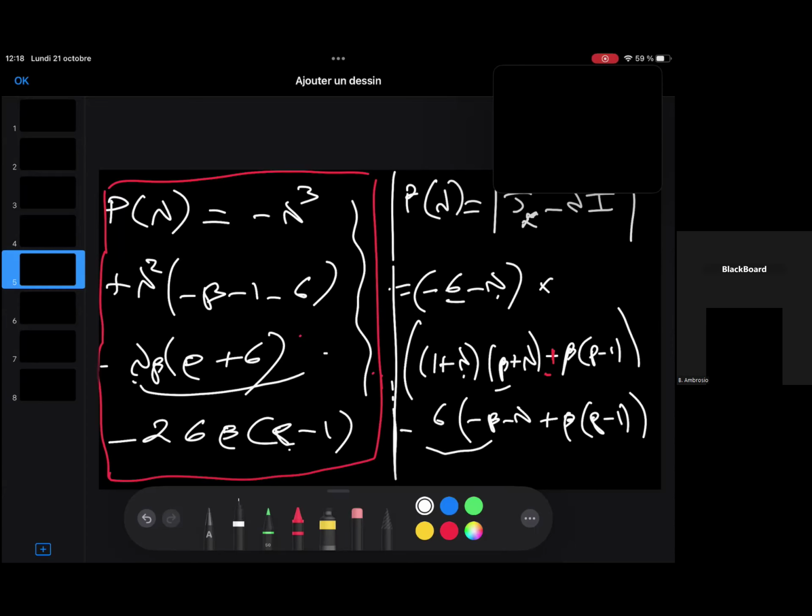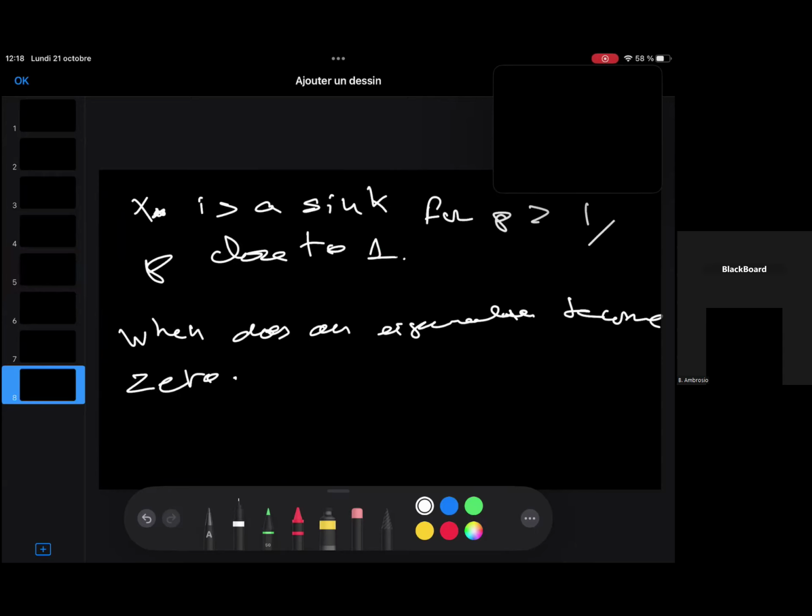So if p becomes 0 for a lambda with a 0 real part, it has to be with some lambda of this form. So the next question is, is there an omega such that p of i omega equals 0?